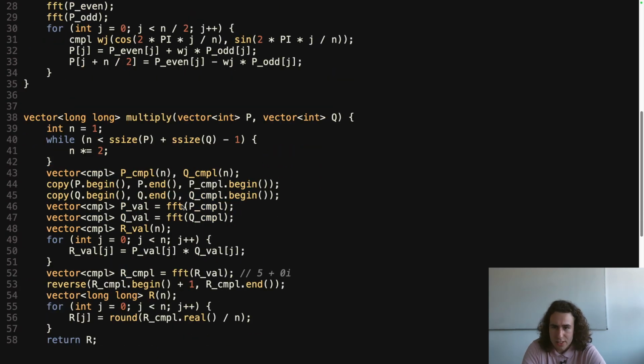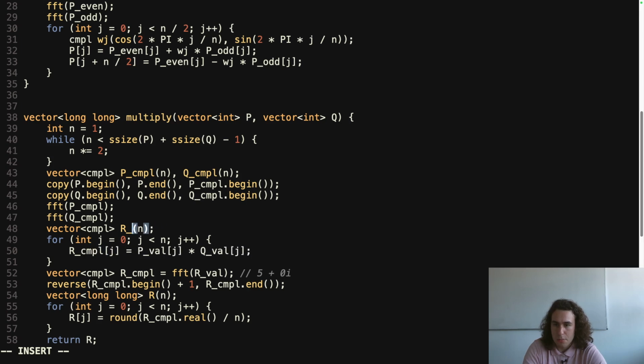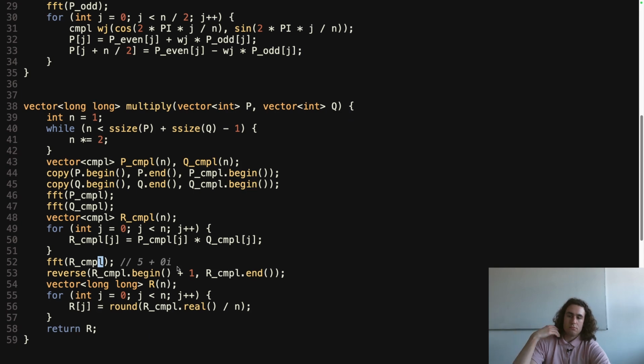Now here we also calculate it in place, right? So we also get fewer vectors. Quickly replacing all this stuff. Now we do FFT on R. Looks awesome.